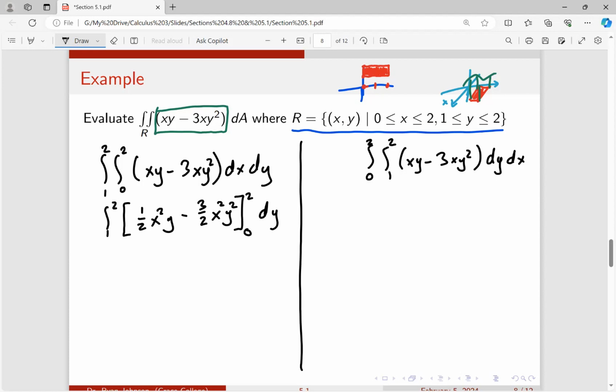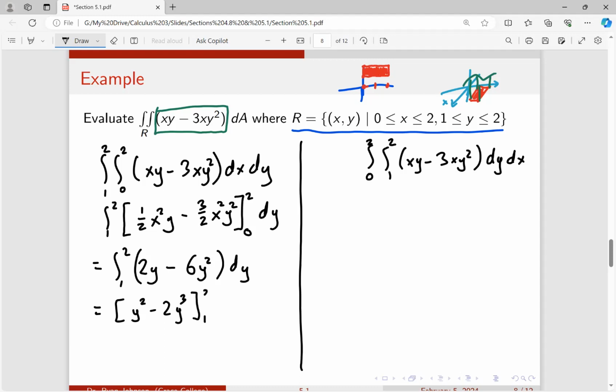Now when I plug in the 0, it'll all be 0, so I can just forget that. So I plug in the 2, and that gives me 1/2 times 4 is 2y. And then plugging in the 2 here, 3/2 times 4 is 6y squared. And I've got dy. So now I can integrate again. Integrating again, I have y squared minus 2y cubed from 1 to 2.